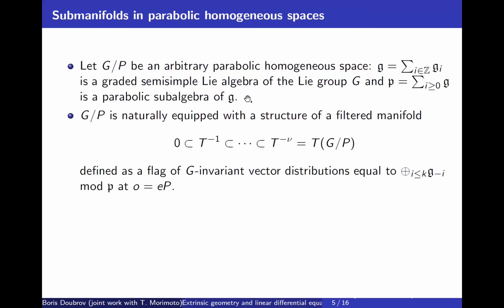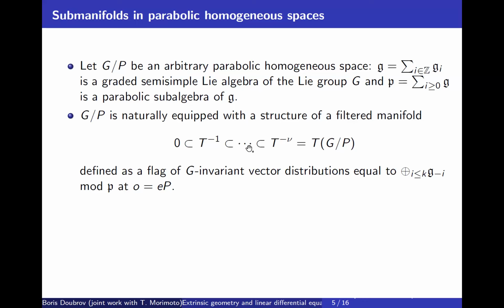So it's a classical definition. Then the quotient space, G by P, is what's called a generalized flag variety. In our cases, it will be flag varieties of flags of certain dimension in R^n. So it actually has a structure of a so-called filtered manifold. So it has a filtration of the tangent bundle, and this filtration is compatible.